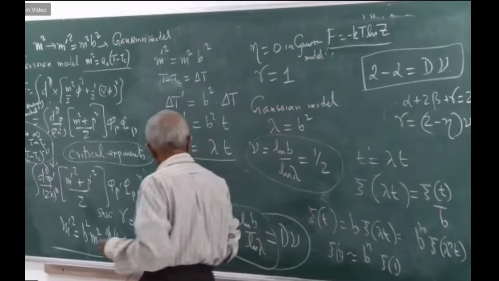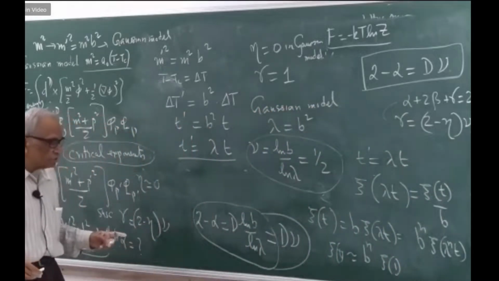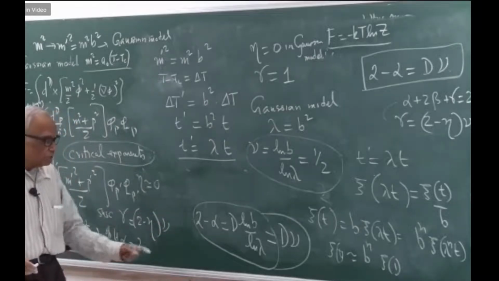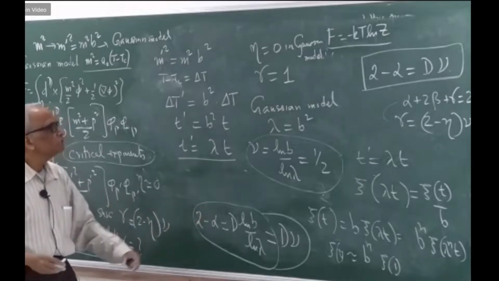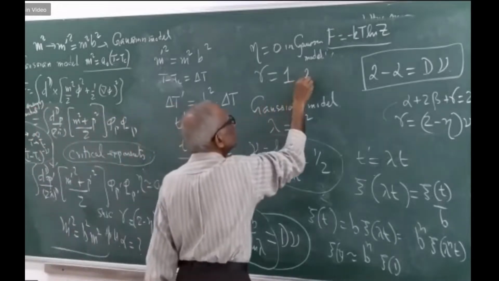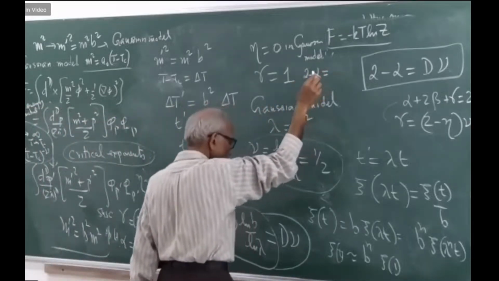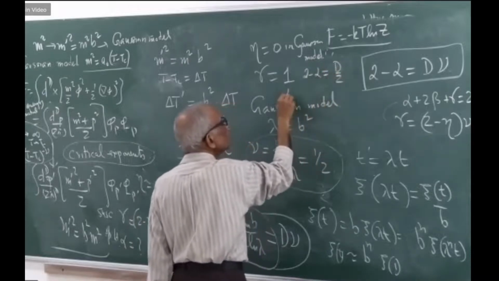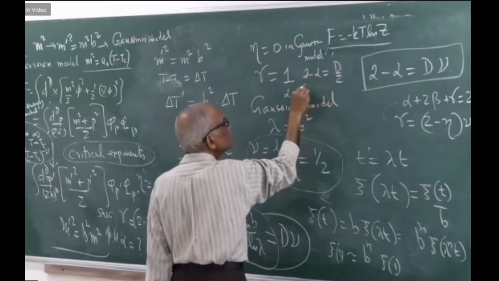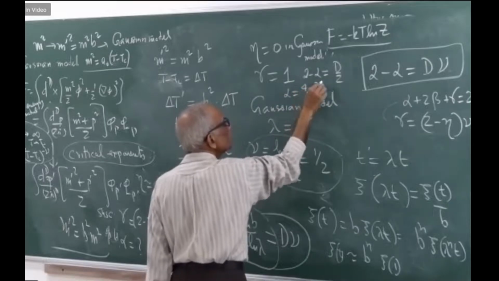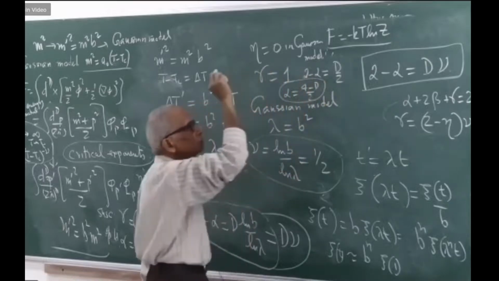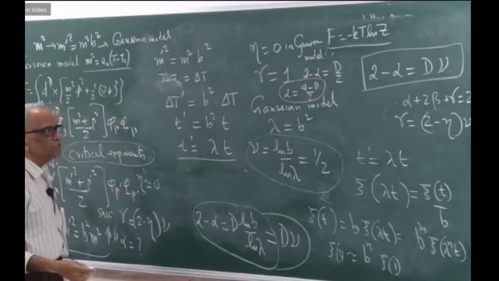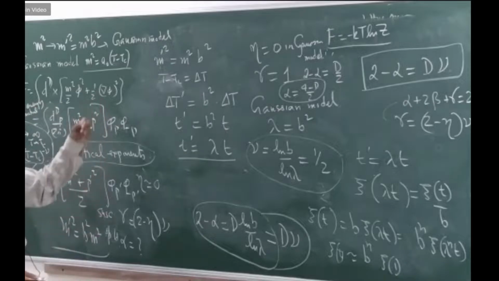And now it is a question of finding the specific heat exponent. So 2 minus alpha is equal to d over 2. So alpha is equal to 2 minus d by 2. So for the Gaussian model, the specific heat exponent is alpha equal to 2 minus d by 2.